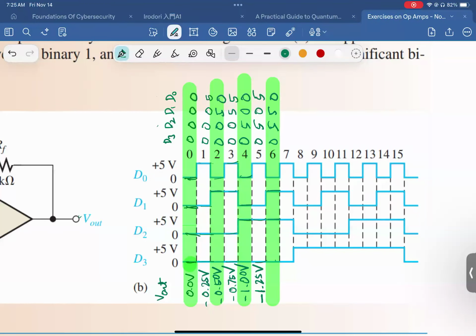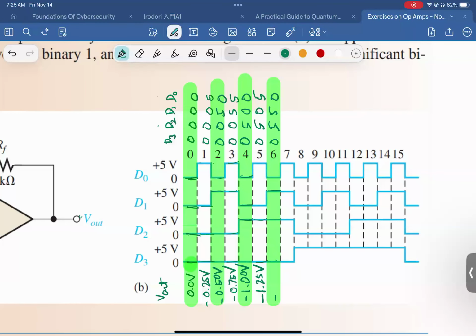We have D2 tsaka D1. Ang D2 is negative 1 volt, D1 is negative 0.5 volts, right?